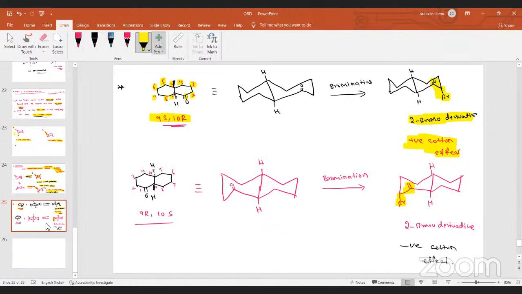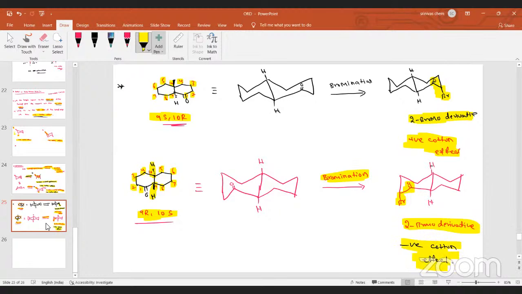Suppose in the case of the 9R,10S configuration of this trans-1-decalone, numbering 1, 2, 3, 4, 5, 6, 7, 8, this is 9 and 10, upon bromination it can form the same 2-bromo derivative. The bromine is present at the axial position, and it is on the left side of the carbonyl group, so it will show a negative Cotton effect.